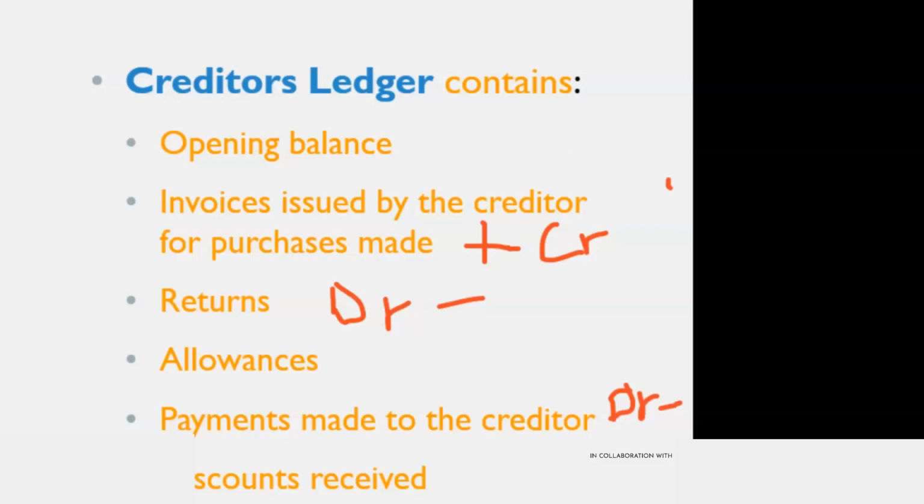And then here we have discounts received. If we receive a discount after making a payment, whatever we owe is further reduced, right? So this is on the debit side of things. I hope this helps you make sense of things.